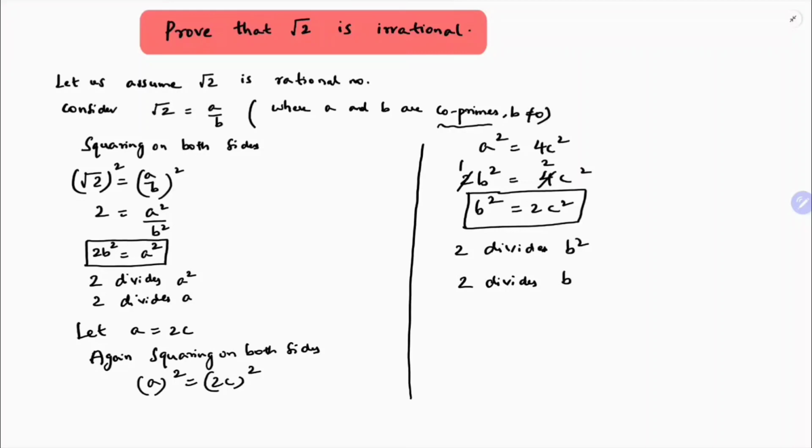Very clearly, we got 2 divides a and 2 divides b. Both a and b have the common factor 2. I considered a and b as co-primes, so the HCF should be 1, but here we are getting HCF as 2 because the common factor is 2.